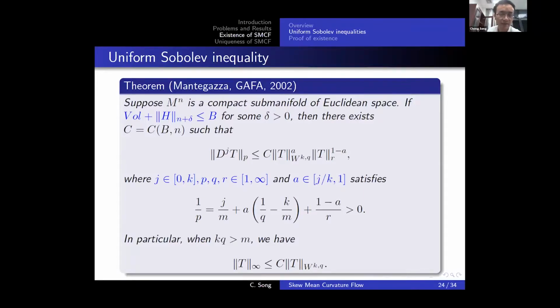But to use such a uniform Sobolev inequality, we will need uniform bounds on the volume and the L^p norm of the mean curvature, where p is larger than the dimension. So as we need this bound on the volume and mean curvature, I will directly put this volume and this L^p norm of the curvature into the energy. Okay, next.